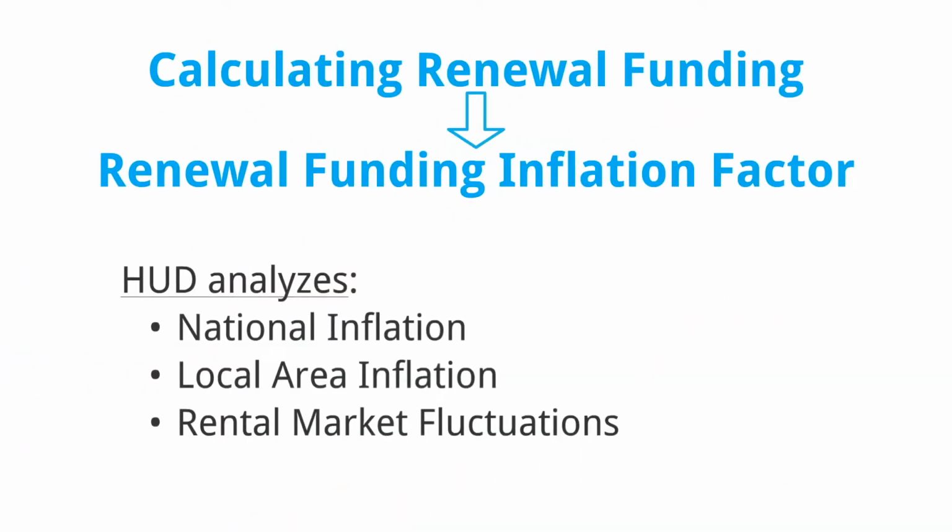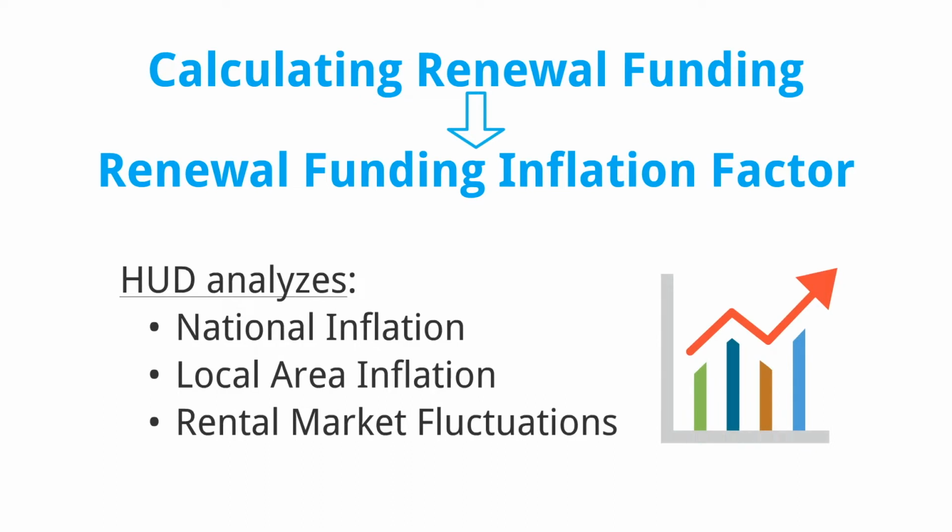Another variable in the renewal calculation is the Renewal Funding Inflation Factor, RFIF. Renewal funding inflation factors are used to adjust renewal funding for the HCV program of each PHA. The adjustment accounts for national inflation and individual local area inflation by analyzing program data, market fluctuations, and the overall current economic environment.